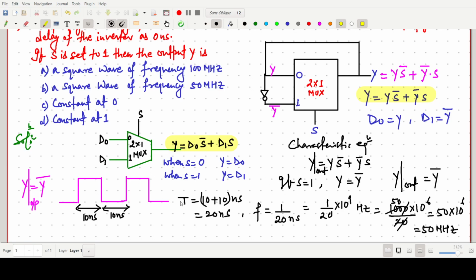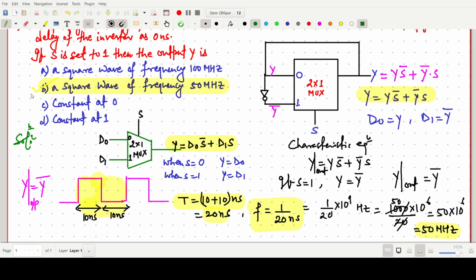It is important that for this half period it takes 10 nanosecond, and for the other half it also takes 10 nanosecond, so the period is 20 nanosecond. So the correct answer is a square wave of frequency 50 megahertz.